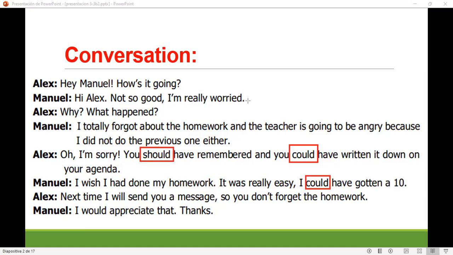Now, look at this part. We have the present perfect. Tenemos el present perfect. And what happened with the present perfect? The modal verb in combination with the present perfect are called the past modal verbs, okay? So, should, debería. And what do you think is the meaning of have remembered?